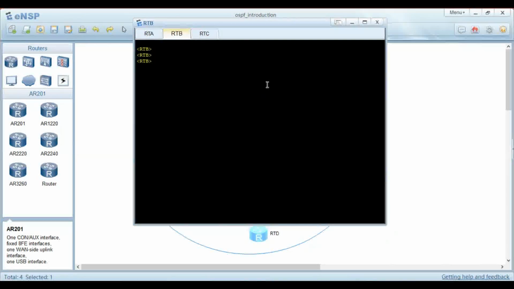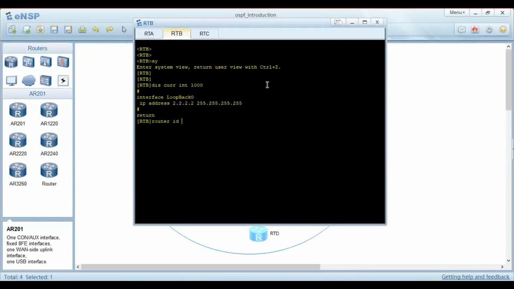Remember the first step is to configure the router ID. Let's see what the loopback interface configuration is so that we use the same. So router ID 2.2.2.2, because that's the first step, to give our router an ID, and then OSPF.